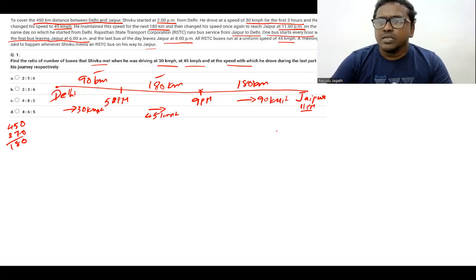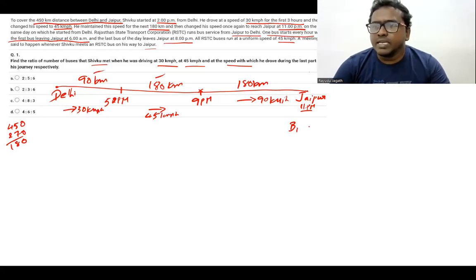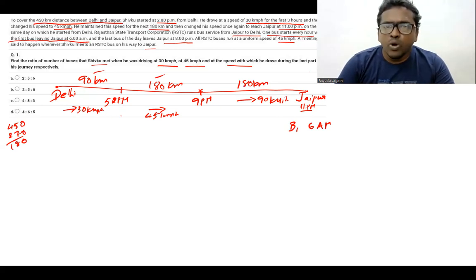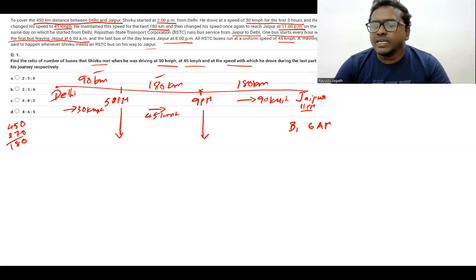Now bus 1 started at Jaipur at 6 a.m. And these are the points where meetings have to occur. Before that, bus 1 started at 6 a.m. at Jaipur. It will reach Delhi in 450 by 45.